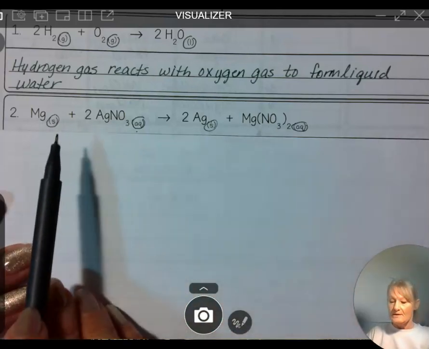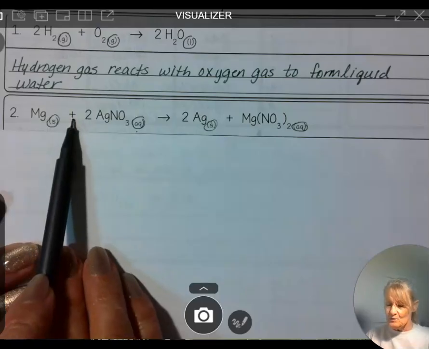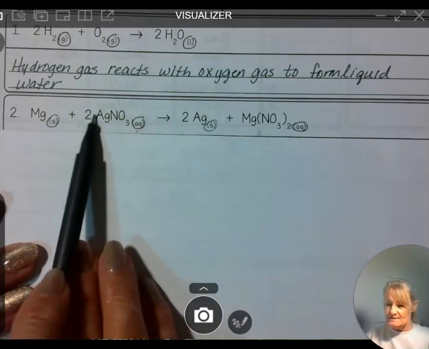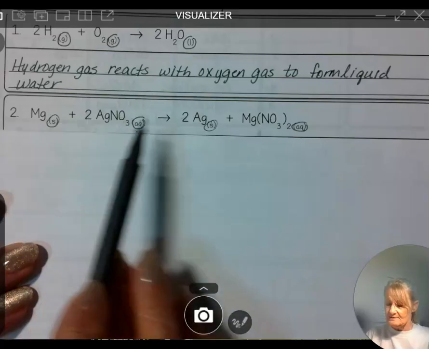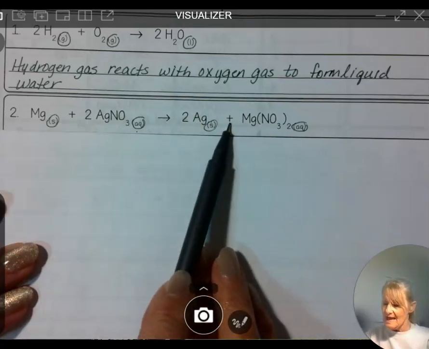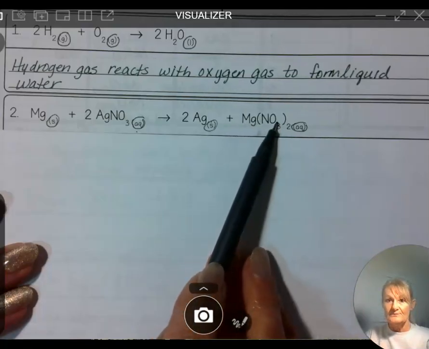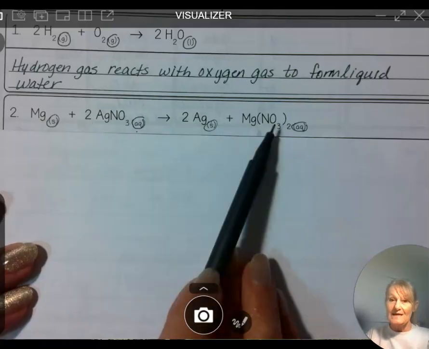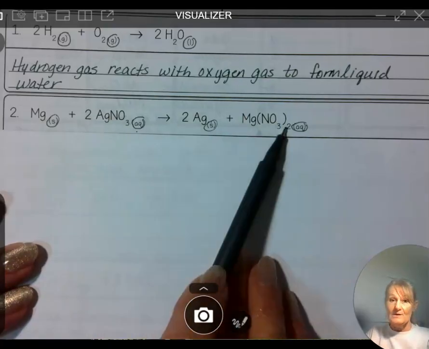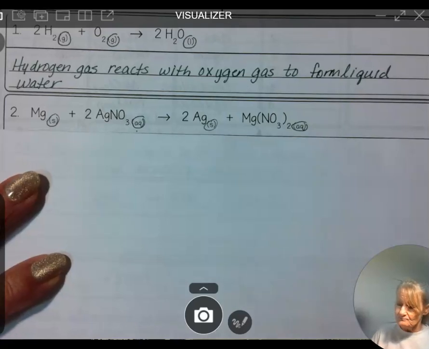So we're going to say solid magnesium reacts with aqueous silver nitrate to yield solid silver and aqueous magnesium nitrate. Okay, so if you struggled back before Christmas break with the naming of these, you might want to go back in and do some review. If that's the case, let me know and I'll send you some review stuff.